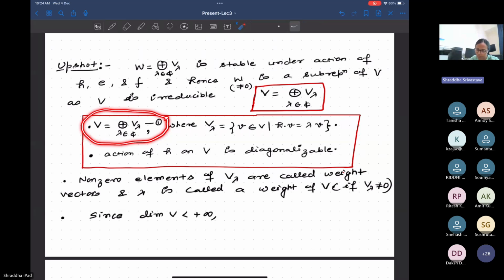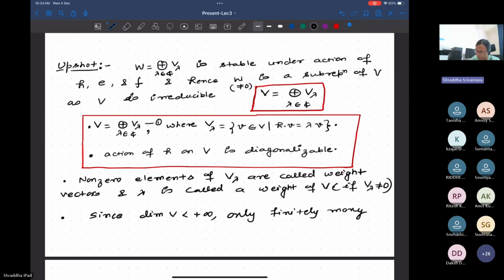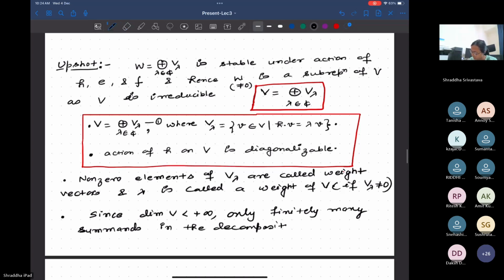Because then V would become infinite dimensional. So only finitely many summands, that is V lambdas in decomposition 1, are non-zero.